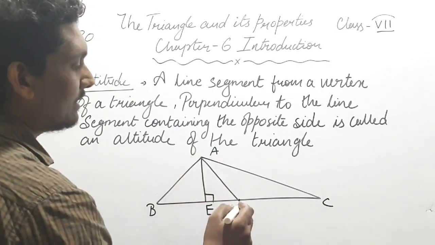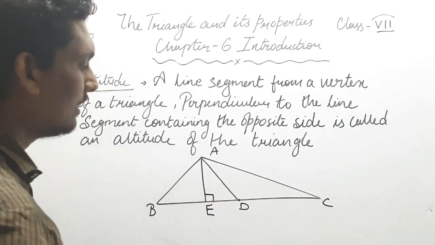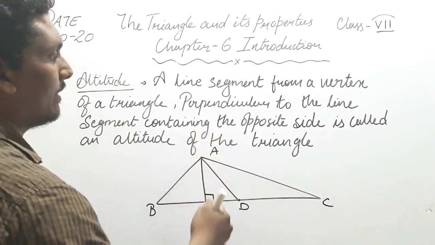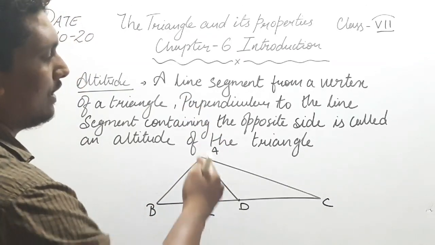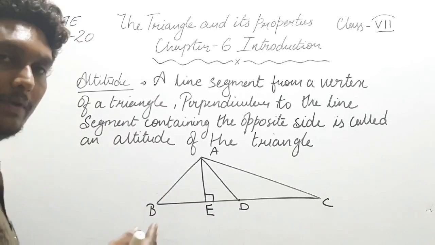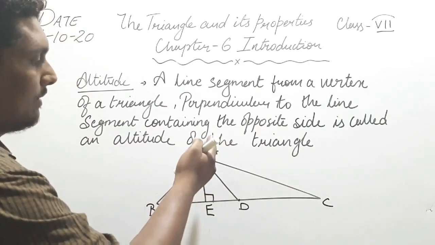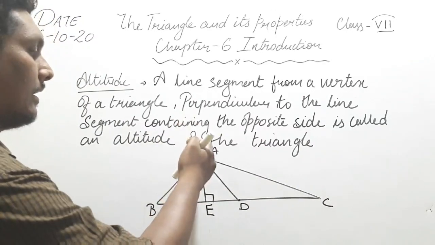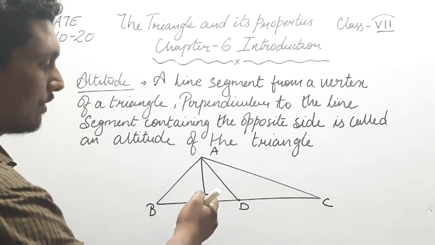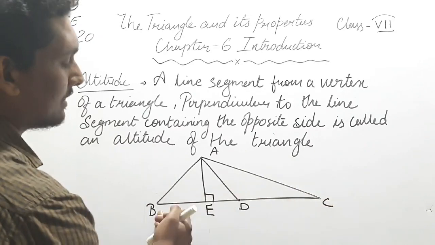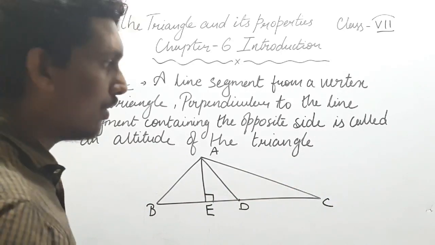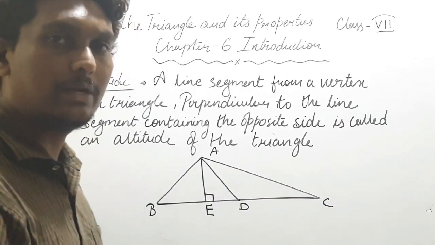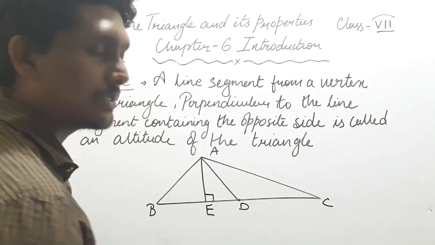The median makes a midpoint, and here it makes a perpendicular to the opposite side. Both start from the same vertex A, but D is the midpoint of BC here, and AE is the perpendicular bisector of BC. Hope you have studied the perpendicular bisector in lower classes, so just go through it.